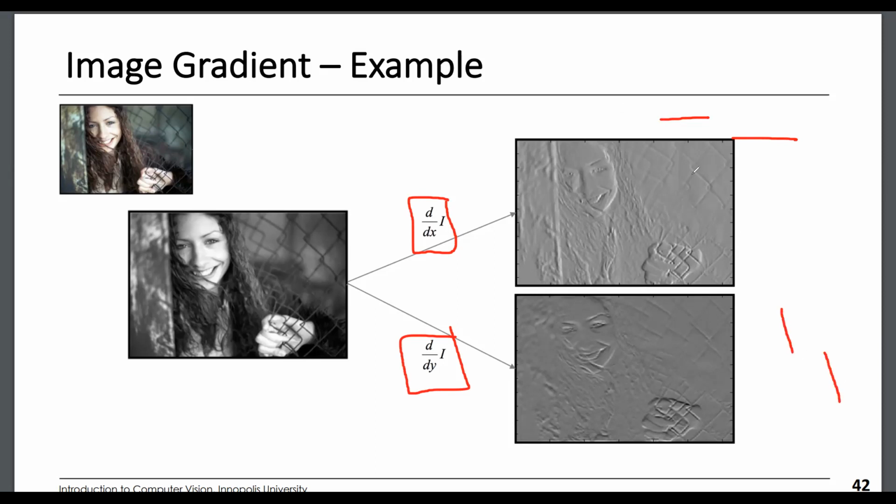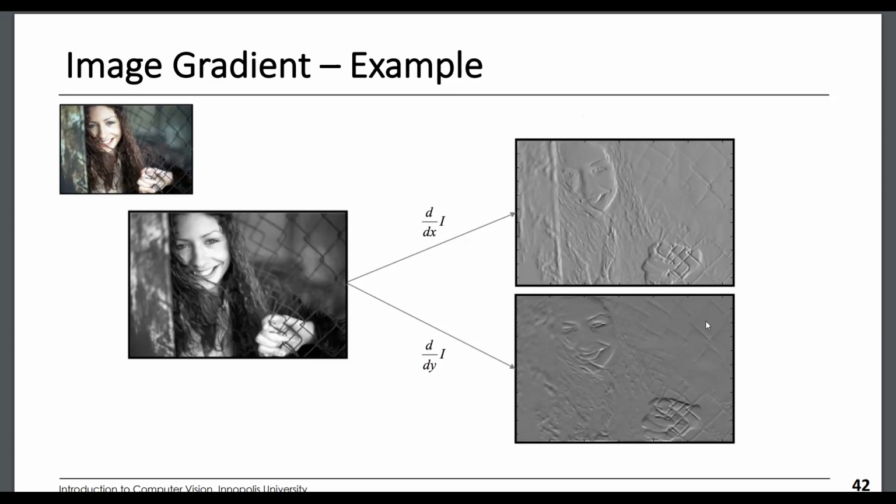So you can see in here, for example, these kinds of edges are shared between both horizontal and vertical. But if you look, for example, here, this edge is much clearer than the edge in here. And this one, which is mostly horizontal, you cannot find in here.